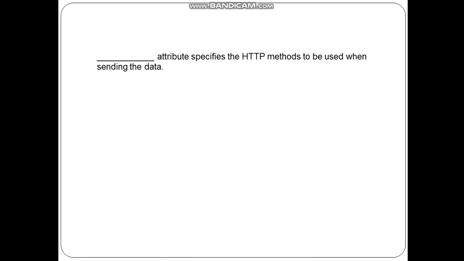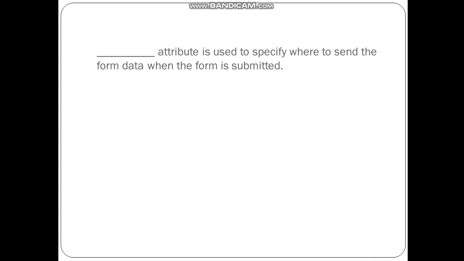Dash attribute specifies the HTTP method to be used when sending the data. HTTP method means how to send the data. It means method attribute. Dash attribute is used to specify where to send the data when the form is submitted. So for that the answer is action attribute.